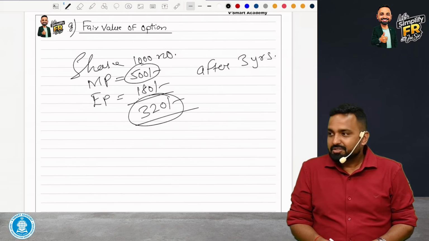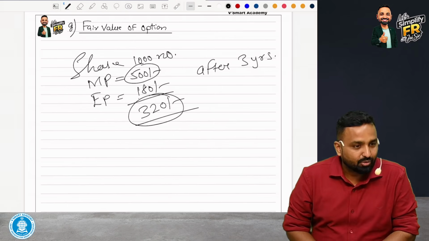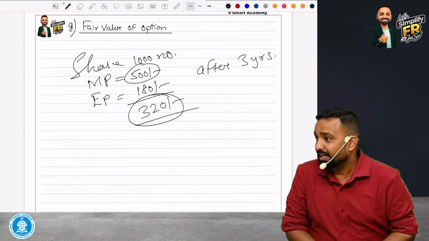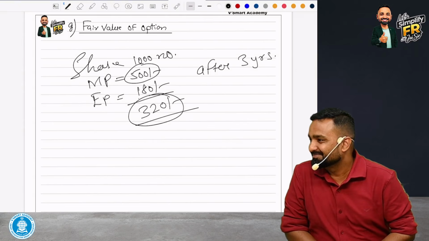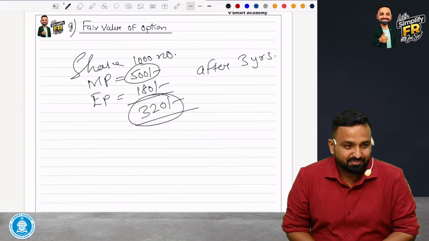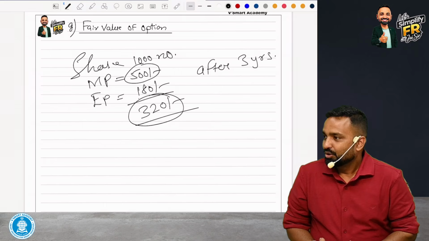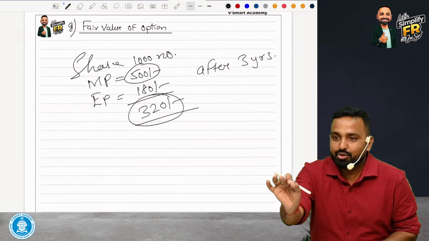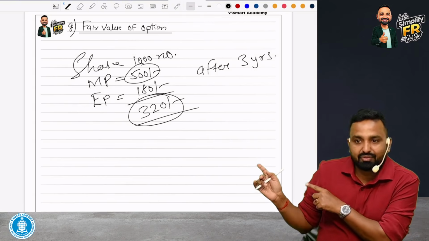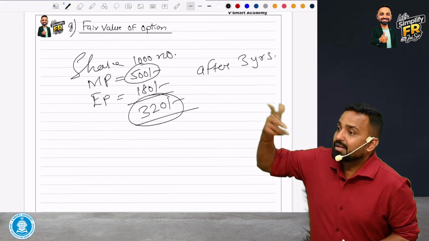That is not our business. The value is to be calculated as per the Black and Scholes model in AFM. Accounts will not teach you how to calculate this value. Accounts will just tell you that this is the value you need to take for accounting. For calculating this value, the expert will consider what elements?